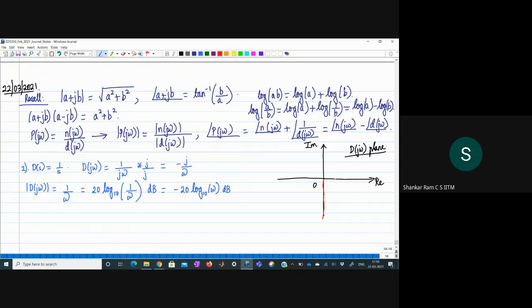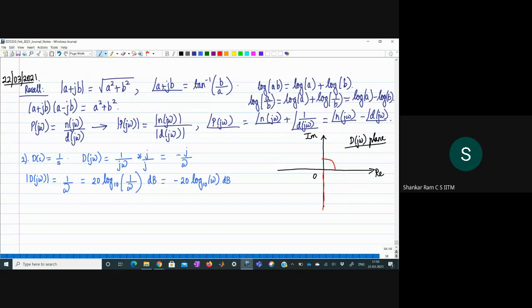Consequently its phase is always going to be along the negative imaginary axis. So the phase is going to be either plus 270 degrees or minus 90 degrees, depending on how we want to look at it. Consequently we shall write the phase of this thing as minus 90. Okay, so that's what we will consider.